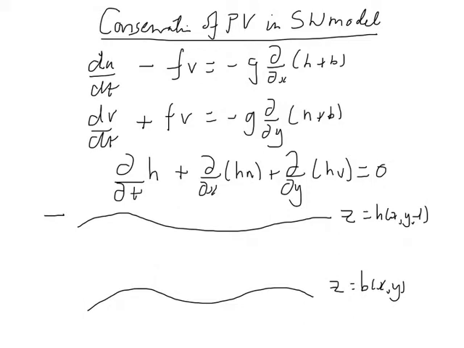And then you've got some kind of characteristic height, big H, and you think of b as maybe just a little bit above the bottom, and then it extends up to H, which might be something like the average of the surface h of x, y, t.